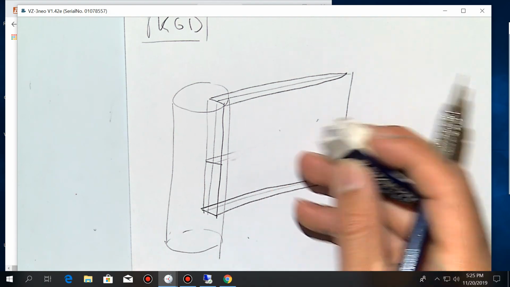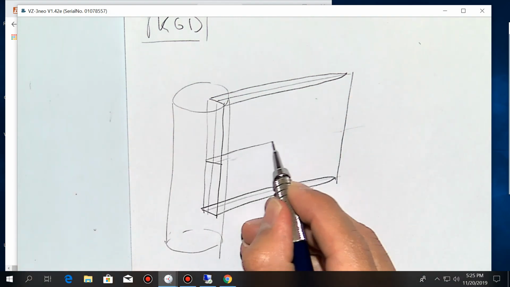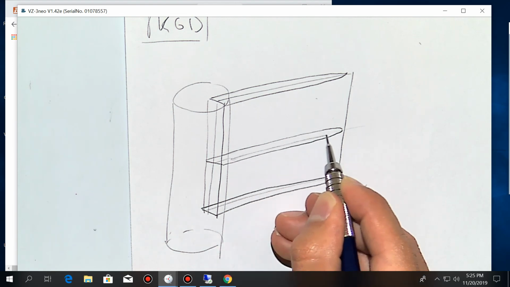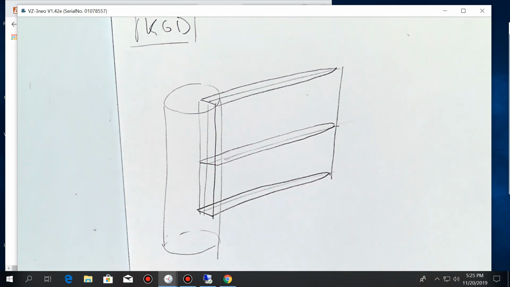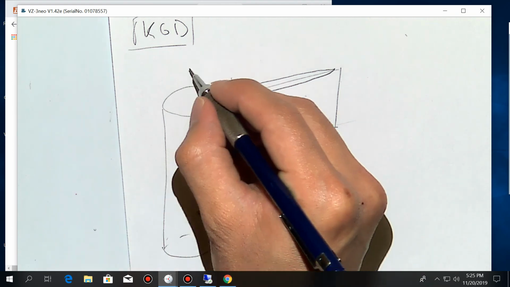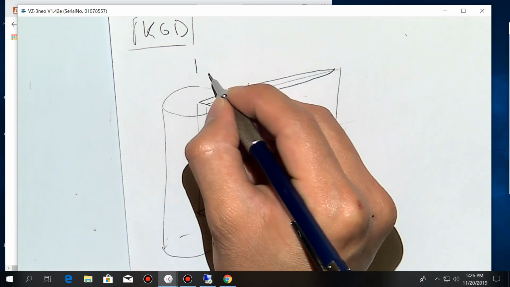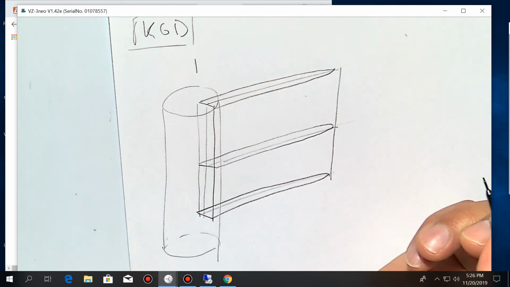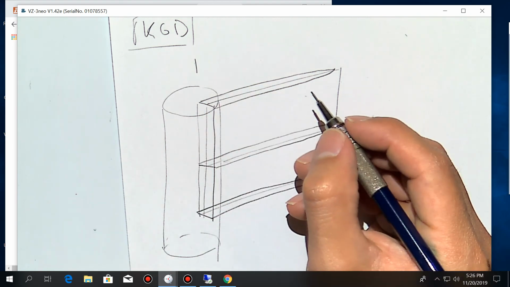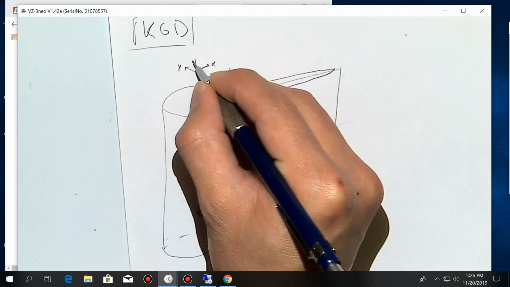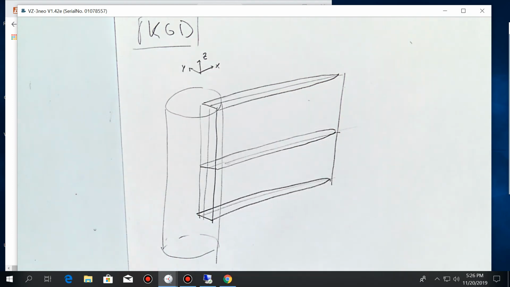Question for you. What do you think is going to be the plane of plane strains in this particular model, where this is X, Y, Z?